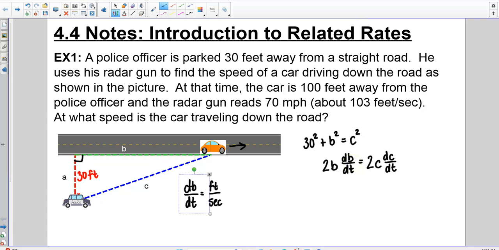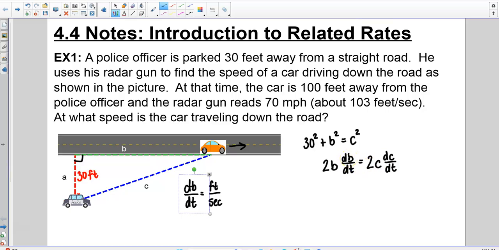Very much like implicit differentiation, but in implicit differentiation, if we take the derivative of x, we don't have to do anything with it. With related rates problems, the variable you're taking the derivative with respect to is not in the problem, so everything is going to need the dt with it.